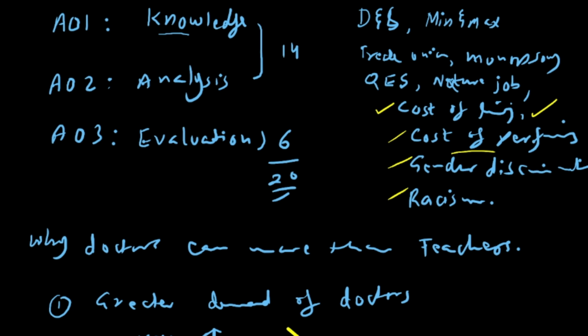At the end you will conclude your answer, and for the conclusion you can say that on average it is observed that doctors earn higher wages than teachers for multiple reasons, because doctors have to spend a large amount of money to get the education and qualification to become a doctor, and they have to spend a lot of years to become a doctor, and they have to get a lot of training as well.